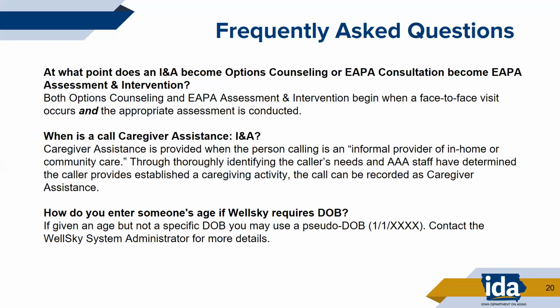When is a call caregiver access assistance? Caregiver access assistance is provided when the person calling is an informal provider of in-home or community care. Through thoroughly identifying that caller's needs, and AAA staff have determined the caller provides an established caregiving activity, this could be recorded as caregiver access assistance.